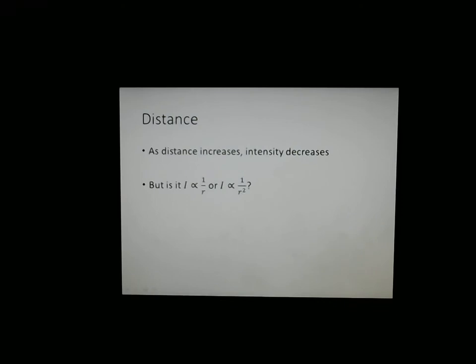Well, we just saw that it all had to do with area. The area for a sphere is 4 pi r squared. So if we substitute that, the 4 pi is just a constant, that doesn't matter in this case, but the r squared is the thing that's changing. So that tells us it must be proportional to 1 over r squared.